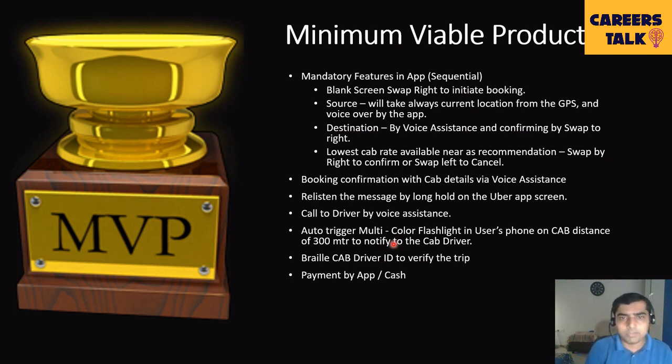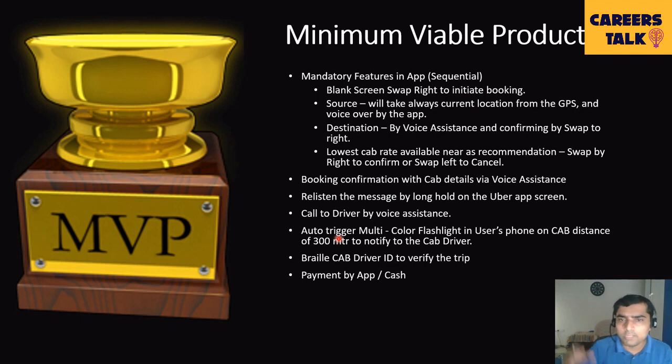Now, all what we have seen is very specific to the blind user. And since I have said we have two user personas, one is the blind user and the other is the cab driver, now here the use case you can see is auto trigger of the flashlight. Okay, multicolor flashlight.